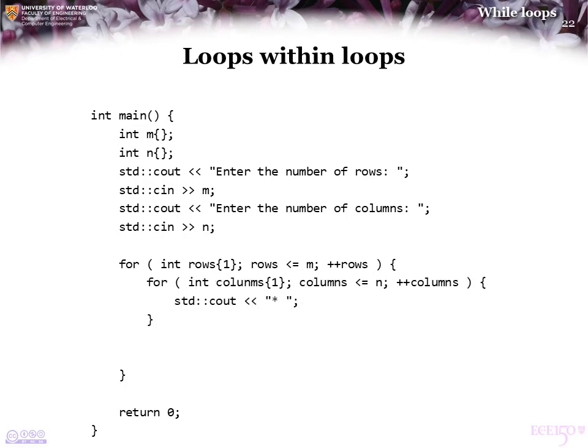Next, inside that loop, we have to print all of the asterisks in that line. So we must have a loop that runs from columns assigned the value 1, all the way up until the number of columns is n.